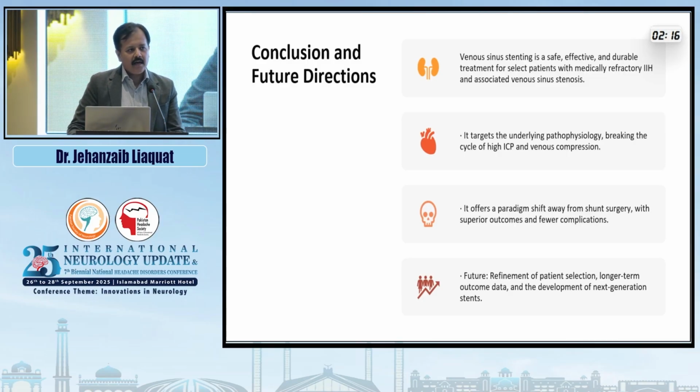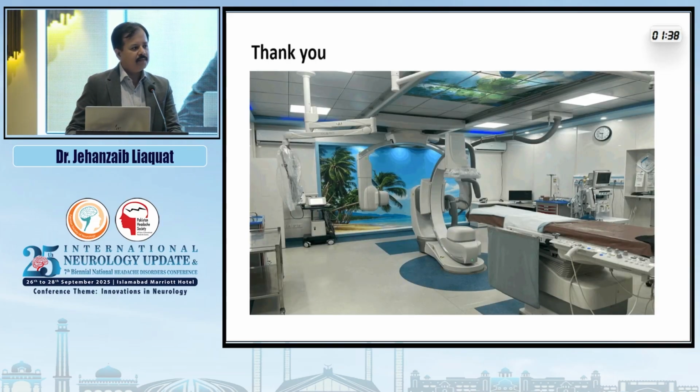It targets the underlying pathophysiology and etiology, unlike other procedures which are just mitigating the effect of increased intracranial pressure. Many patients who get VP shunts end up with a re-VP shunt in more than 50% of cases, and we need to identify these young females and send them for venous sinus stenting, because up to date, studies have shown that it is safer, more durable, and more effective as compared to other shunting procedures. Thank you.